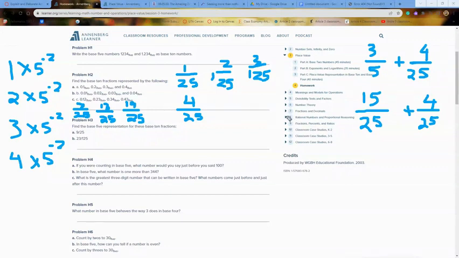Now last one is 4/3. We know that this is going to be 4/5, so I'm going to clear this out. I'm going to put 4/5, and then this is going to be 3 over 25.